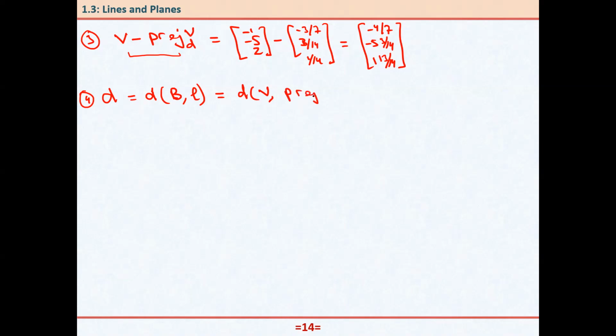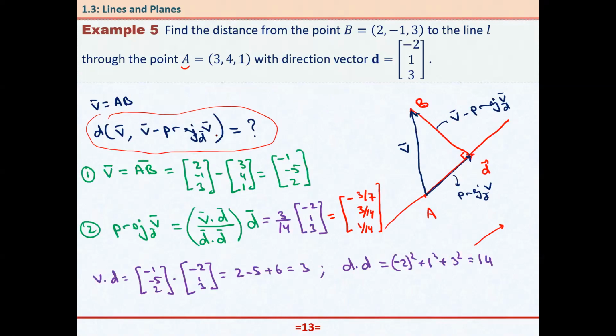The projection of V and D, right? Okay, projection of V. As here, it should be like this. Why can't I do this?